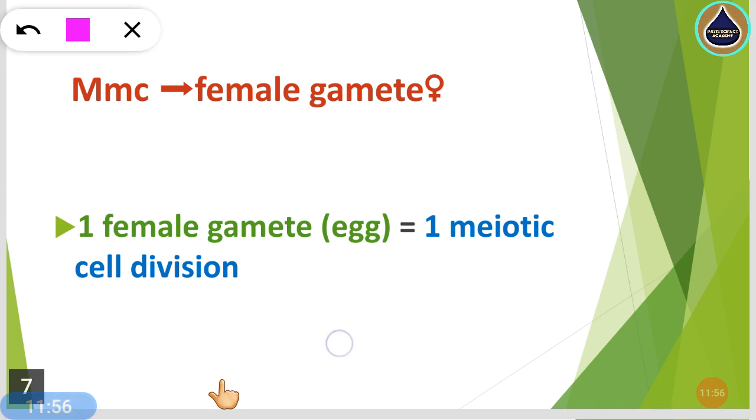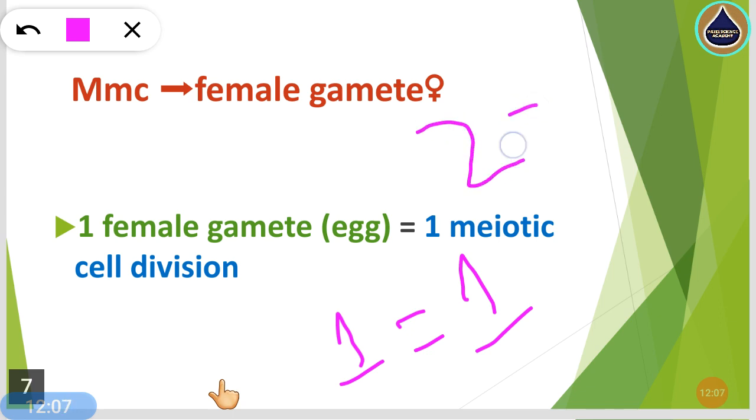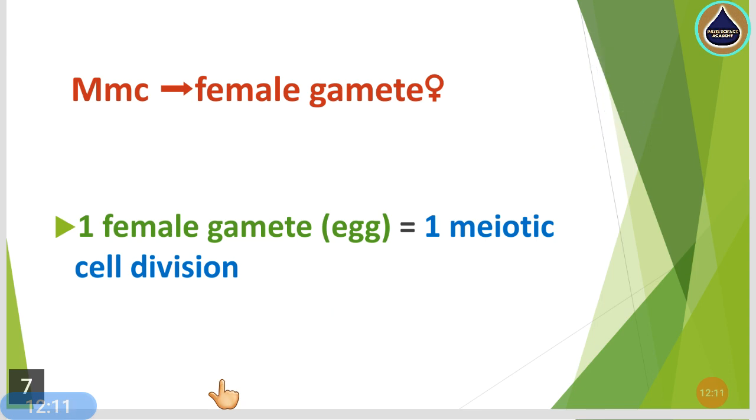It means if one female gamete is needed, one meiotic cell division will be required. If two female gametes are needed, two cell divisions are required. Whatever the number of gametes, it will be the number of cell divisions for the calculation.